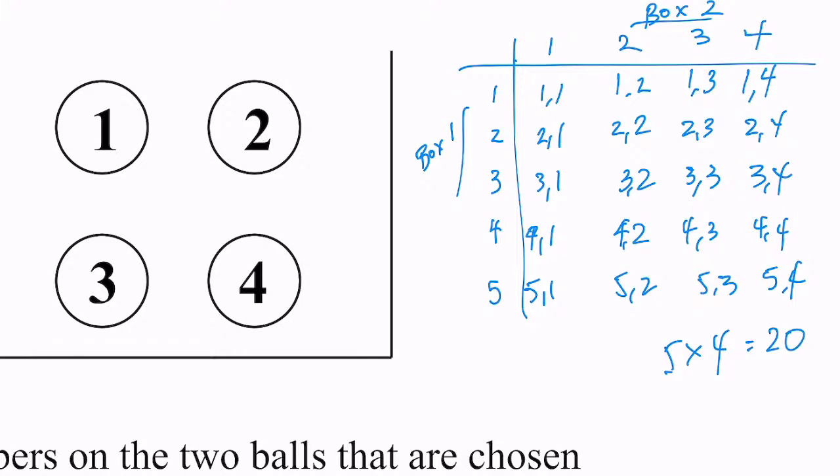Because there's equal chance of any of the numbers from the first box, and equal chance of obtaining any of the numbers from the second box, that makes these 20 outcomes equally likely. So when you have equally likely outcomes, the probability of each one is the same, 1/20.